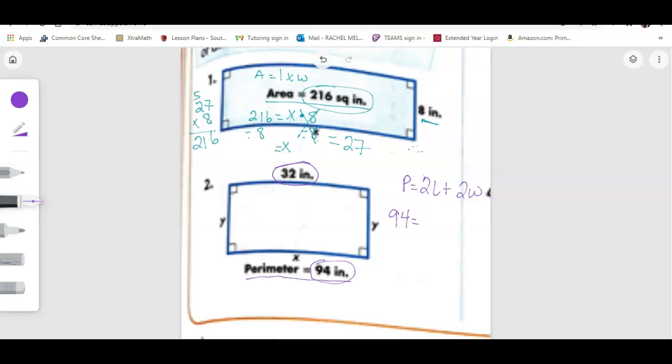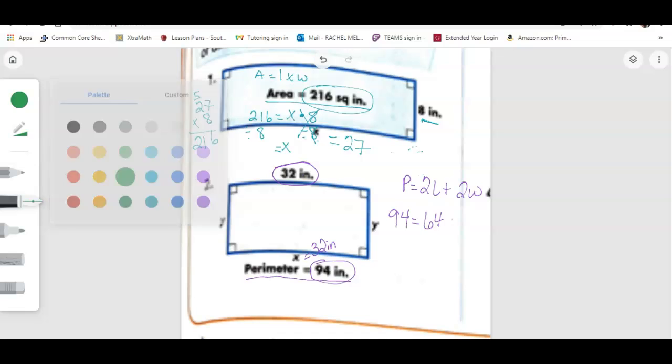Remember, if the top is 32, so is the bottom. So in order to find out what these sides are, I have to plug in that number too. 32 plus 32 is 64. That's 2 times 32. What I don't know there is this part.